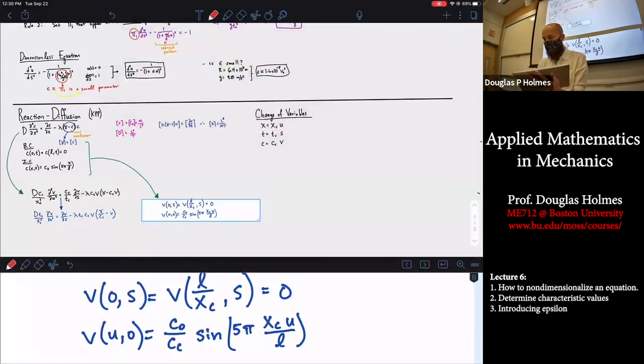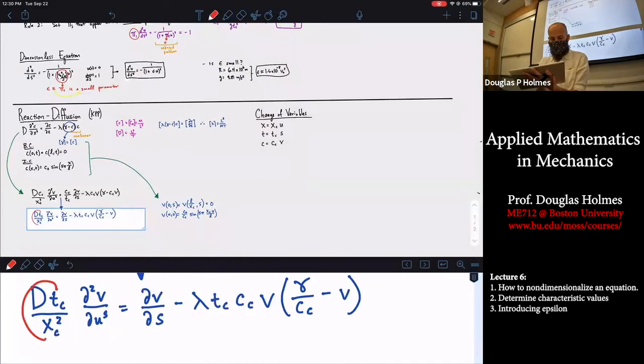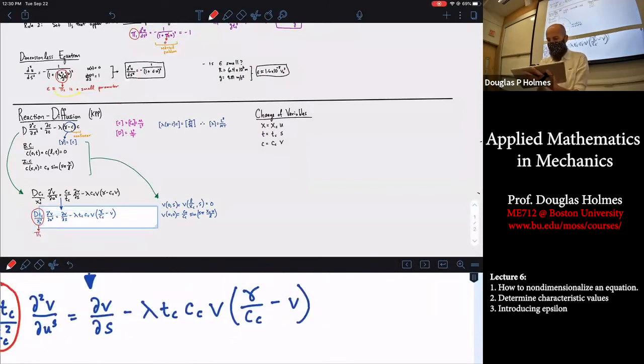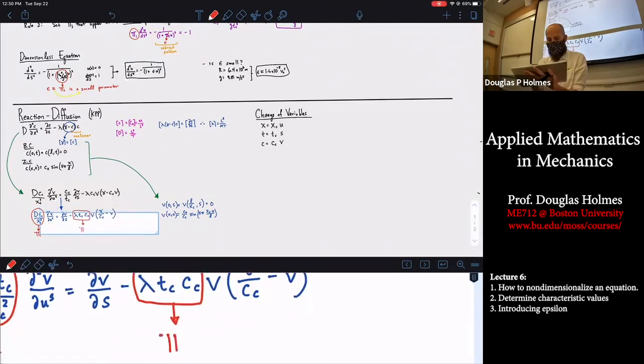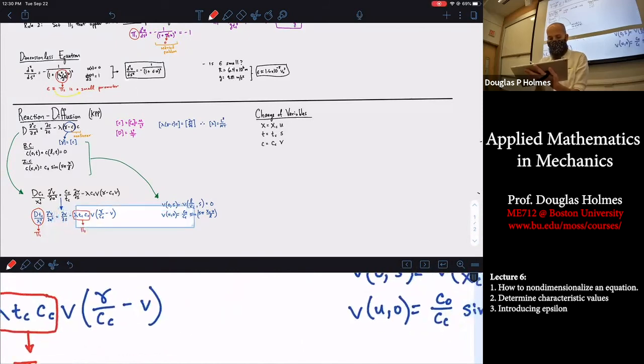Let's find them. Pi 1. Over here, this is pi 2. Here's pi 3.